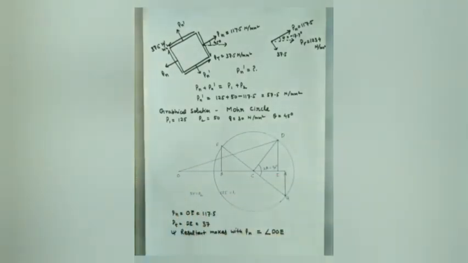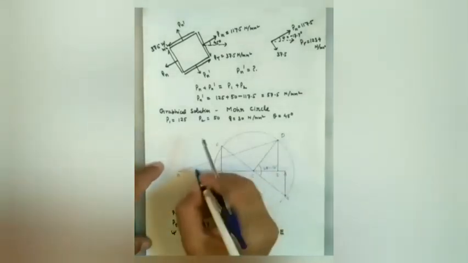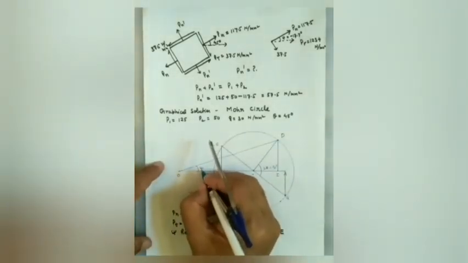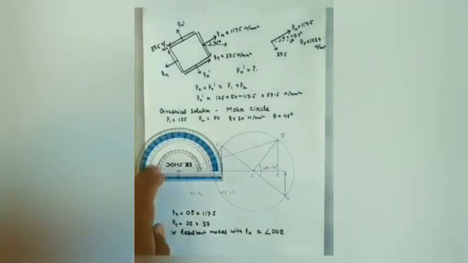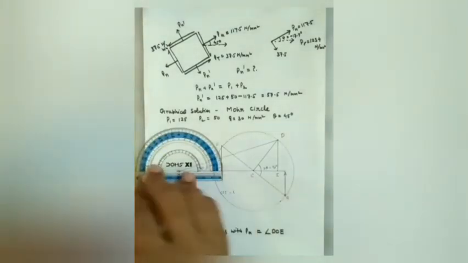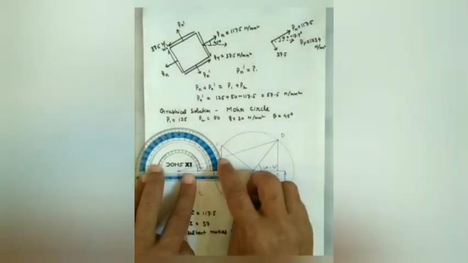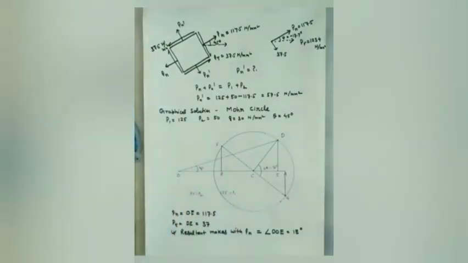So let us measure the angle DOE, which is psi, which comes to be 18 degrees, which is very close to our numerical solution 17.7.